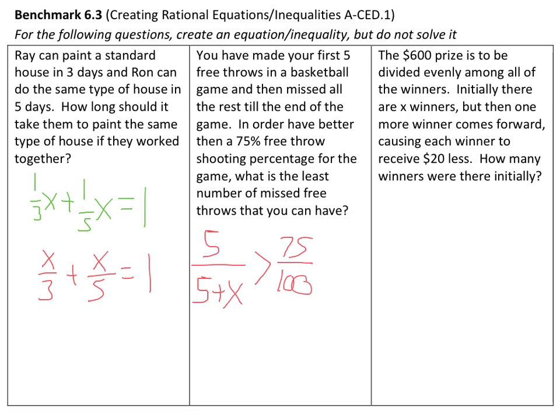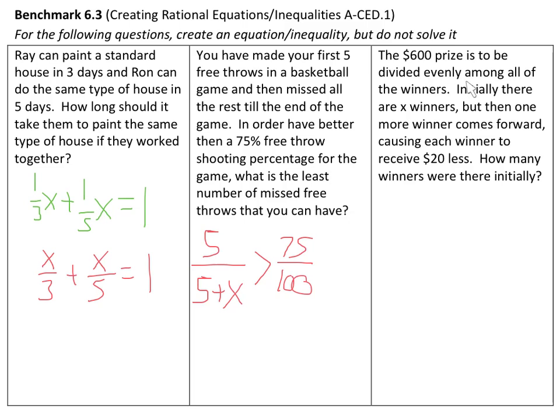The reason I like this is if you wanted to solve it, you can cross multiply, and you could actually find out X, meaning how many you'd miss to at least be greater than 75%. That's kind of how you would handle that problem setting it up. This is an inequality, where this one was an equation. Completely different equations.